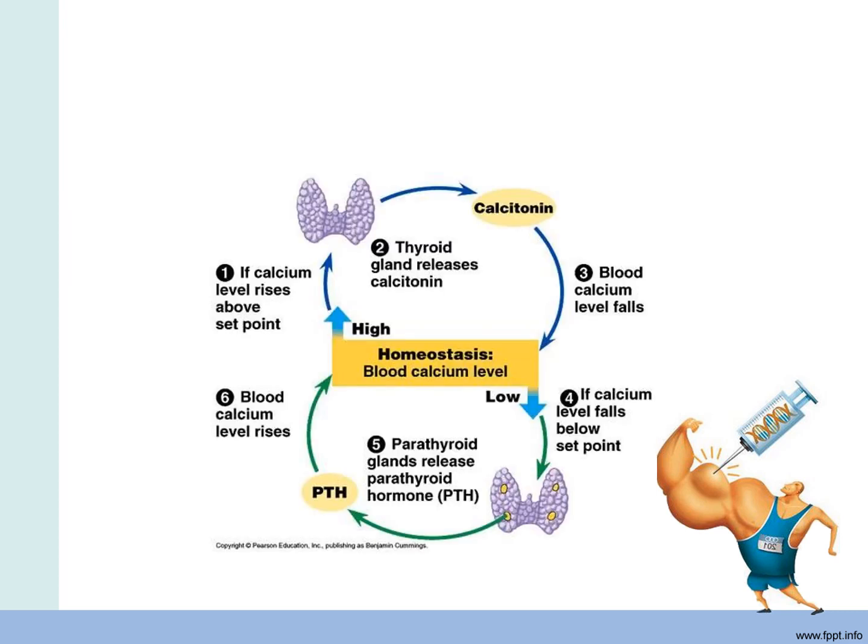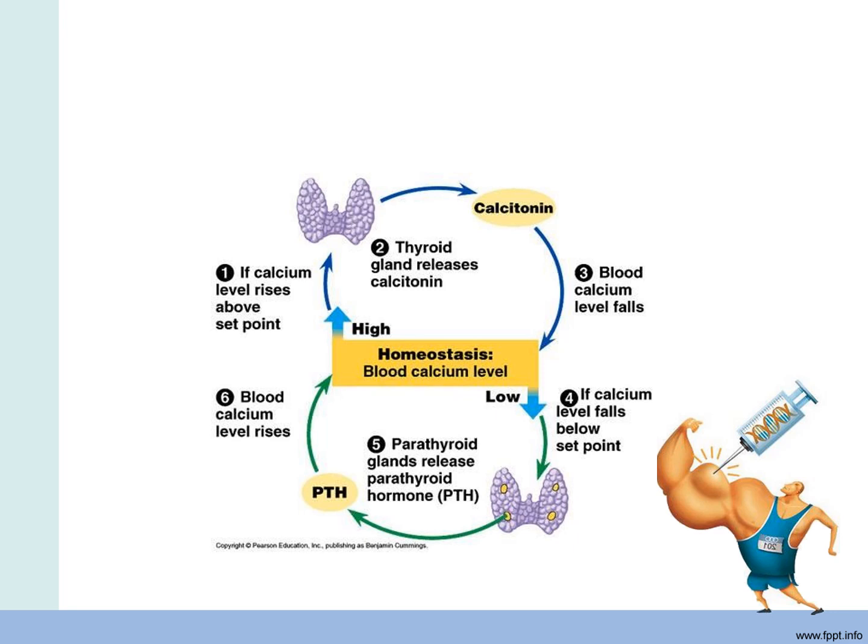So this is a simplified view of what happens to help maintain normal calcium levels. You see right in the center of this chart in the yellow rectangle, it states homeostasis of the blood calcium level. If you follow that to the left and you see the number 1, it talks about what happens if our calcium level rises. If the calcium level starts to go up, our thyroid gland is activated to release calcitonin.